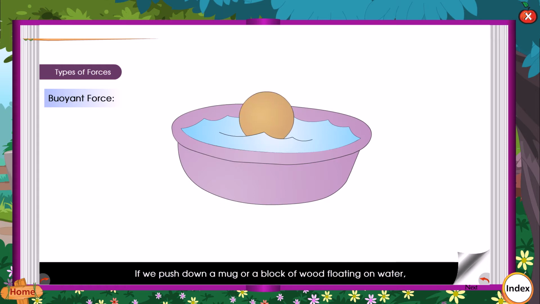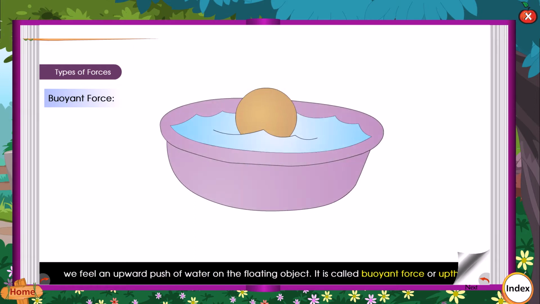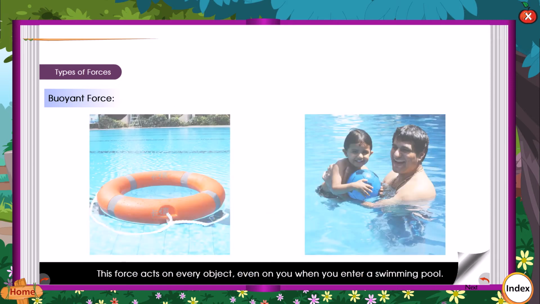If we push down a mug or a block of wood floating on water, we feel an upward push of water on the floating object. It is called buoyant force or upthrust. This force acts on every object, even on you when you enter a swimming pool.